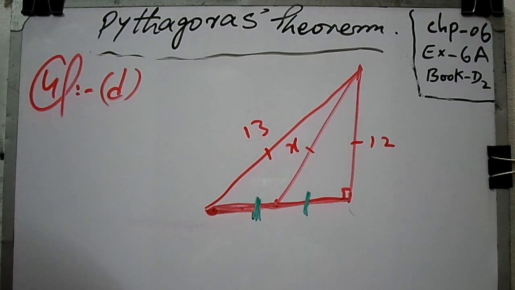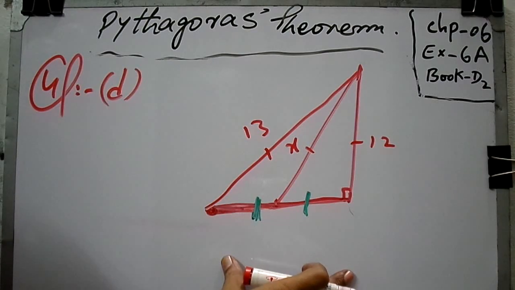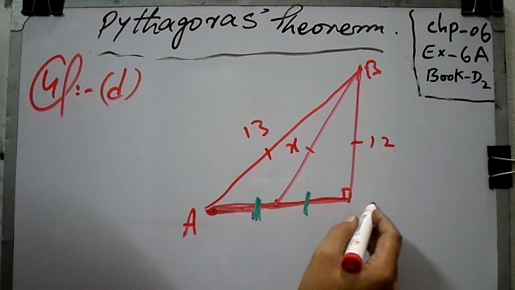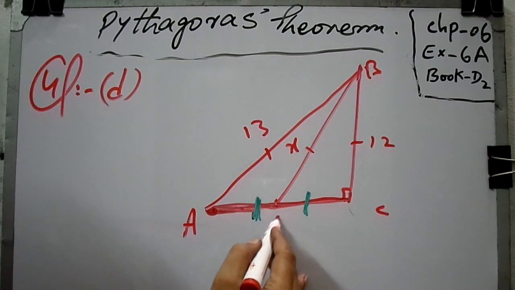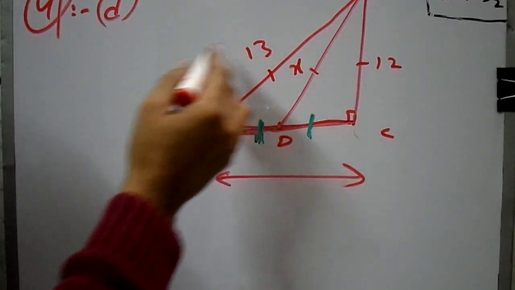Now here in your textbook it is given, that is your A, B and C, that is your D. So the whole distance is 12 and 13.